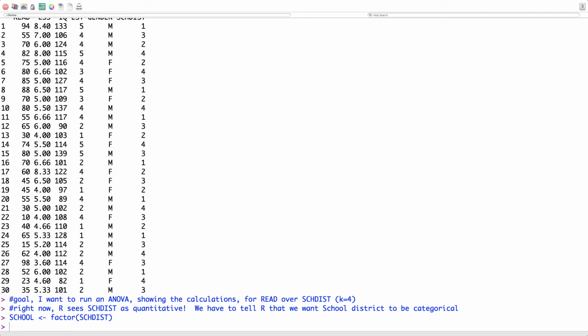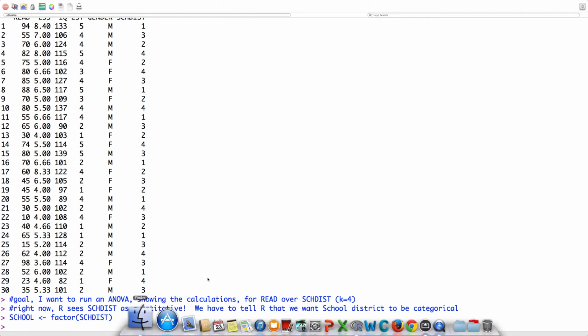We've got a quantitative variable, read, that we want to test the equality of the population means over k groups. If R isn't seeing school district as groups but quantities, it's not going to perform the calculations correctly. So I have to make the change in school accordingly.